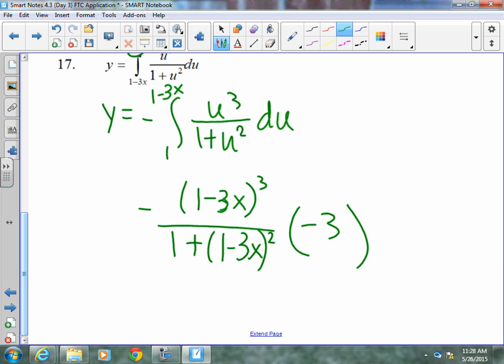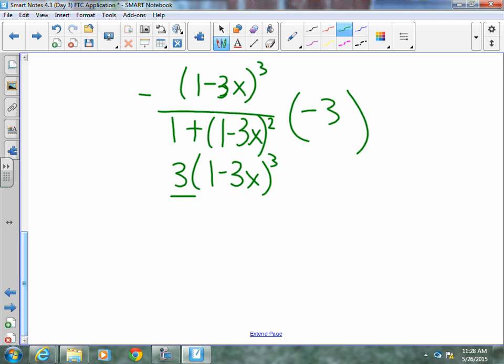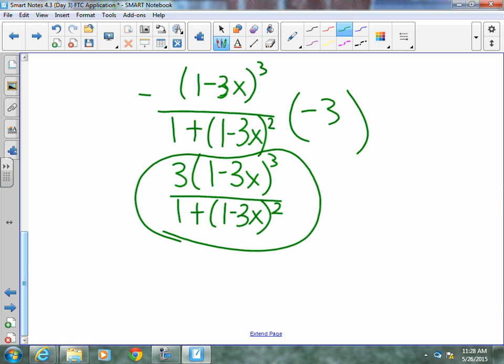By the derivative of the 1 minus 3x. So we get 3 times 1 minus 3x cubed all over 1 plus 1 minus 3x squared as the derivative. I won't make you cube that function.